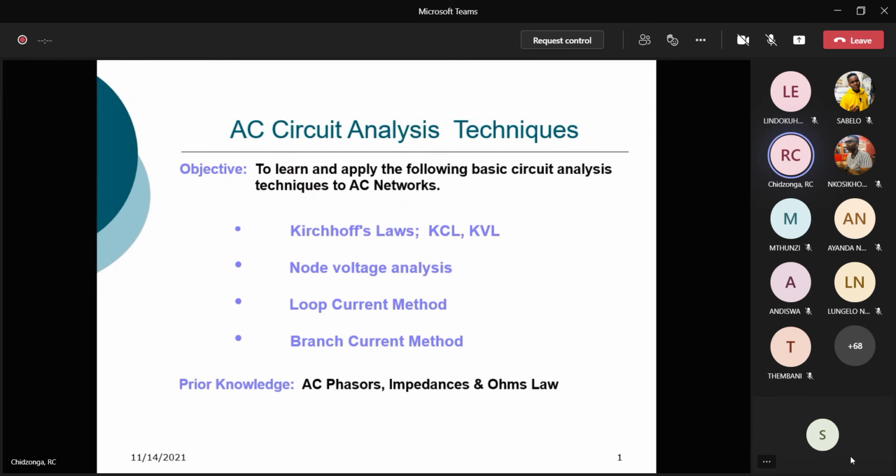Unlike in Eng 1, where you focused solely on circuits that have got DC sources and resistances, here we are able to deal with circuits that have got AC sources and a general impedance, which has got a real and an imaginary component.